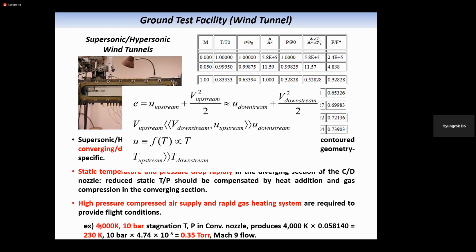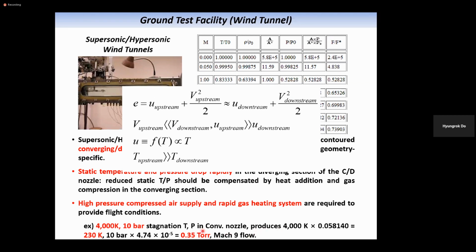Okay. Now you are producing Mach 9 flow with this high temperature gas. And then your upstream high internal energy corresponding to the 4000 Kelvin will be dropping to U downstream, and most of this energy will go to the kinetic energy. At Mach 9, your flow speed is so fast.